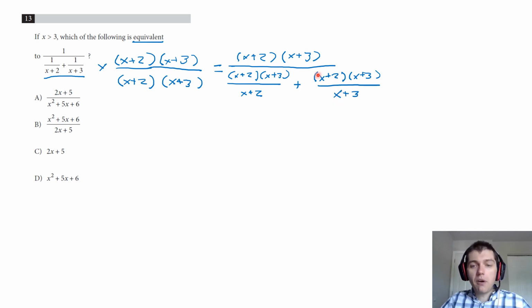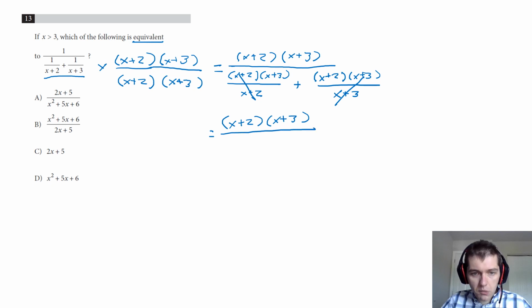And now, after all that, we can get to the actual simplifying part. You can cross out this x plus 2 on this side and this x plus 3 on this side. And then we'll go ahead and rewrite that. We still have our numerator, x plus 2 times x plus 3, divided by, now this has been simplified, x plus 3 plus x plus 2.